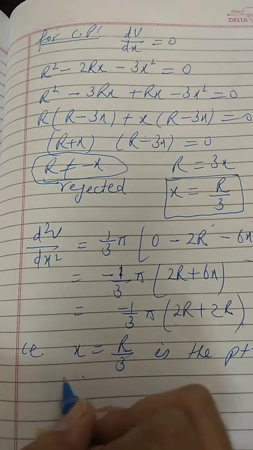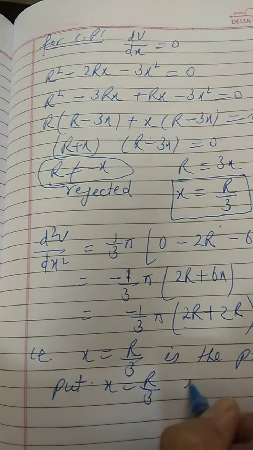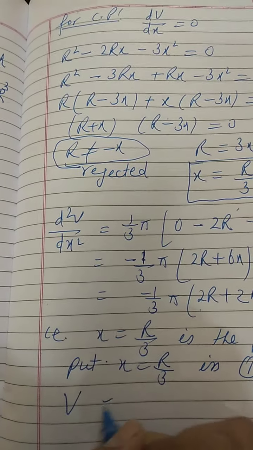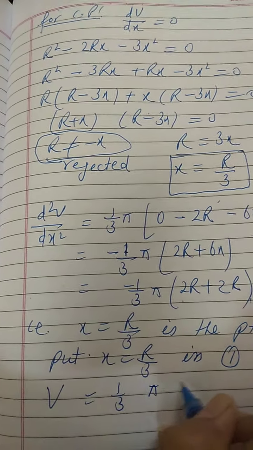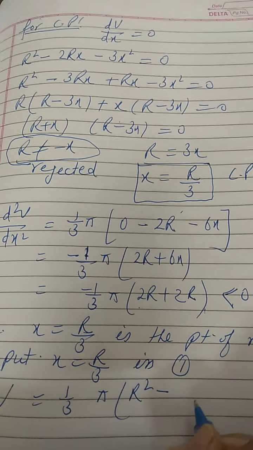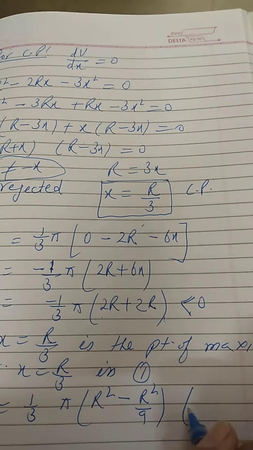So we will put x equals r by 3 in 1. So the volume will be 1 by 3 pi. Here we have r square minus x square. So x square means r square by 9, and the second term is r plus x.